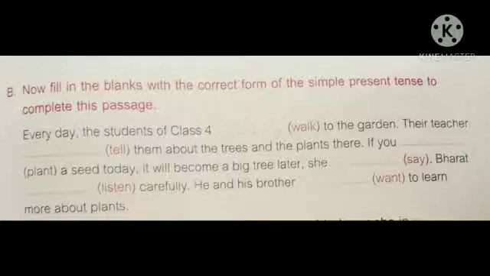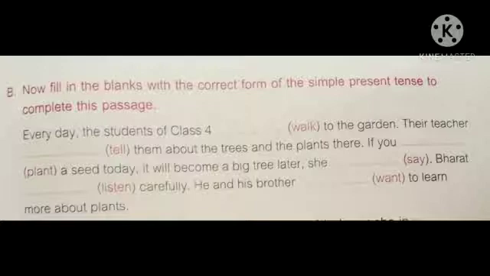Their teacher tells them about the trees and the plants there. If you plant a seed today, it will become a big tree later.